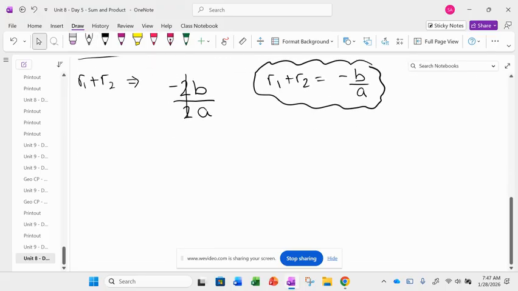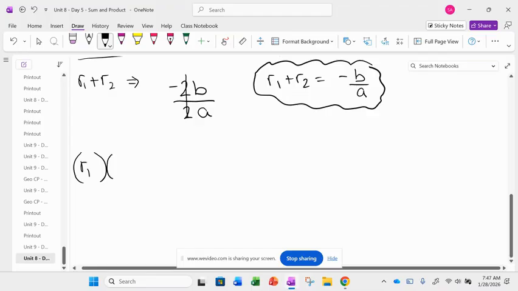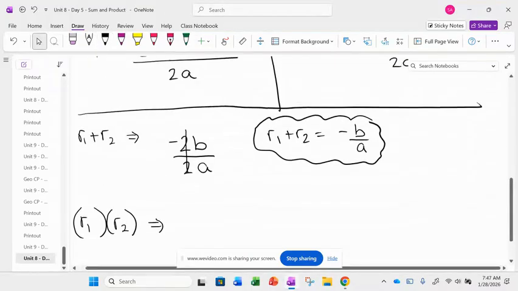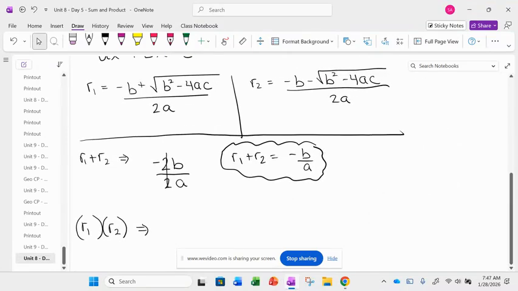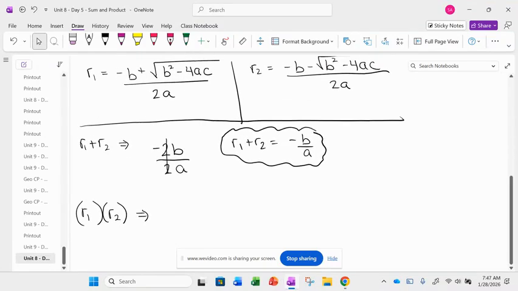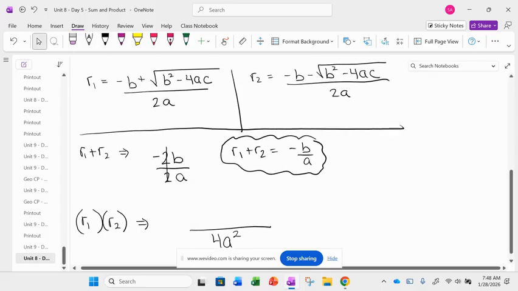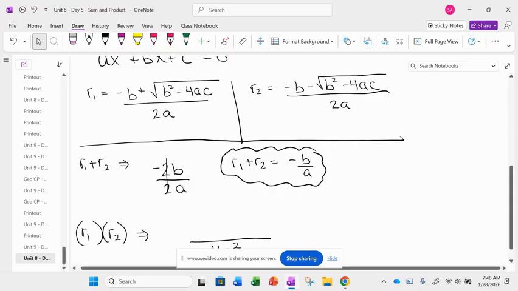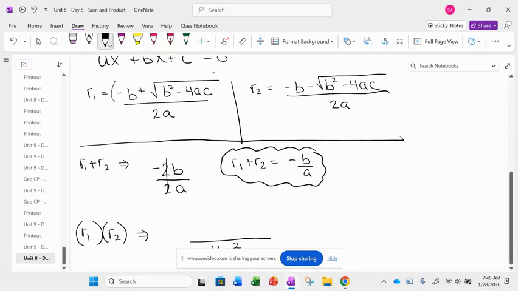Now I'll show you the product. So now if we take root 1 times root 2, back up. We're going to multiply them. So in my denominator, 2a times 2a, isn't that a 4a squared? And now what do I have to do with the numerator since they're binomials? FOIL, exactly.